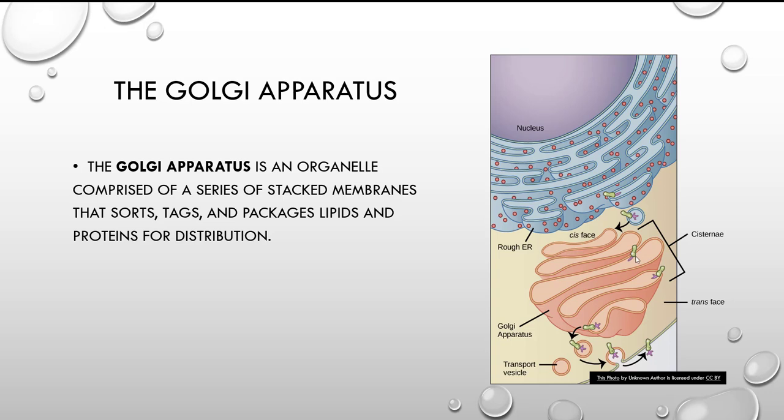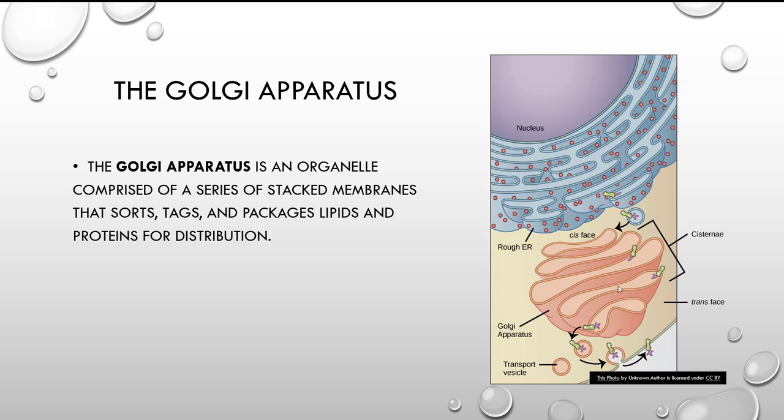And here it kind of gets sorted and tagged and modified and packaged so that it can then travel again through a different transport vesicle where it can then get released from the cell.